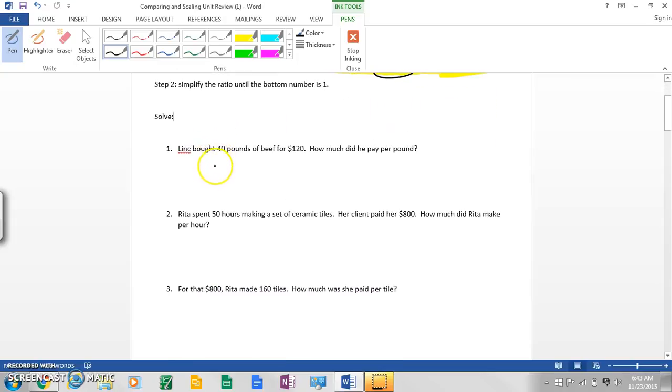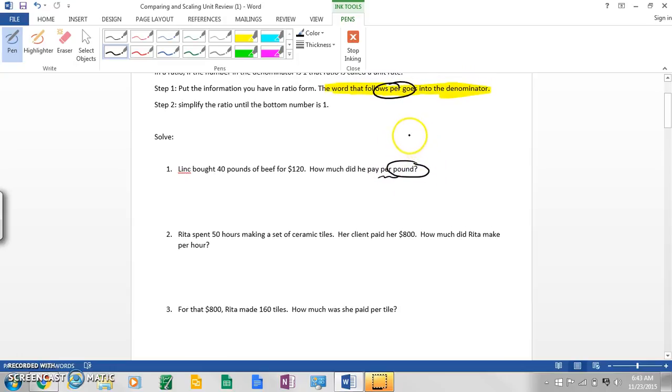So, number 1 says Link bought 40 pounds of beef for $120. How much did he pay per pound? You'll notice here that the word that follows per is pound. If we set up a ratio, we know that pound is going to be in our denominator, and the amount of money will be in our numerator.